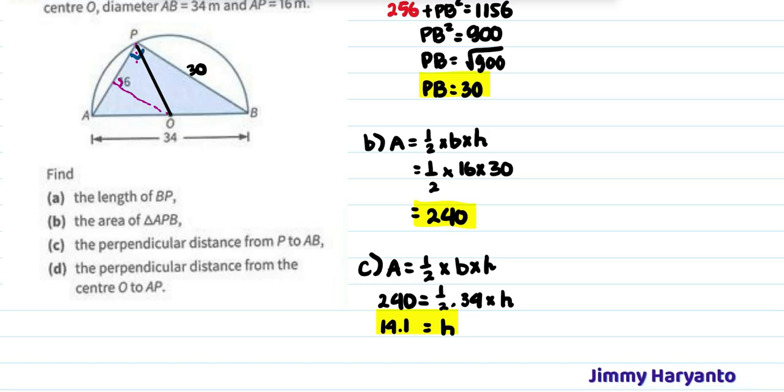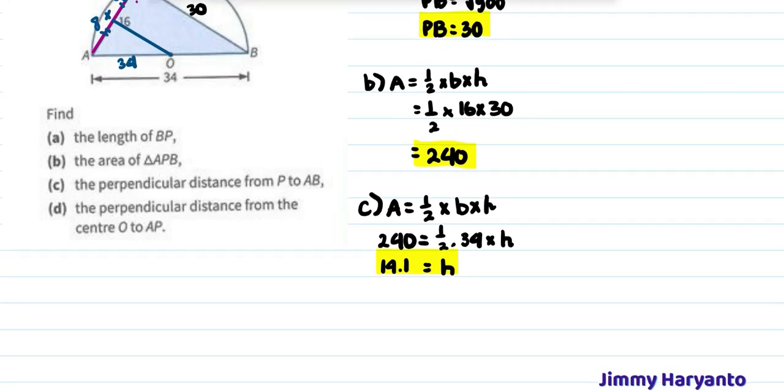So we already know that this one is 16, and 16 is a chord, and then we split the chord into two parts because we create a line to the center perpendicular to the chord. That means this one is 8 and that one also 8. This one is 34. The question wants you to find O to AP, which is OX.